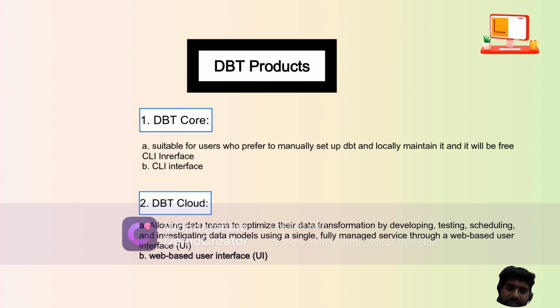Then we can see the lineage, meaning the dependency graph of all the tables. We can also build alerts and alert logging. So the most enhanced features are in DBT Cloud.